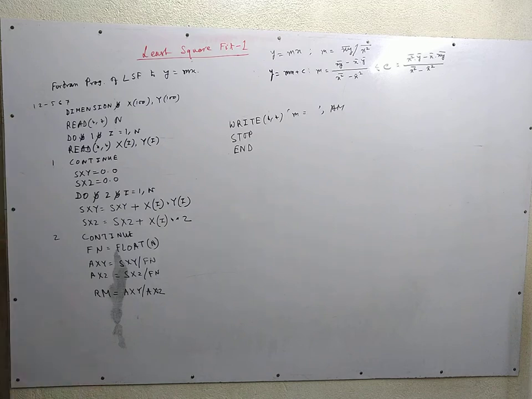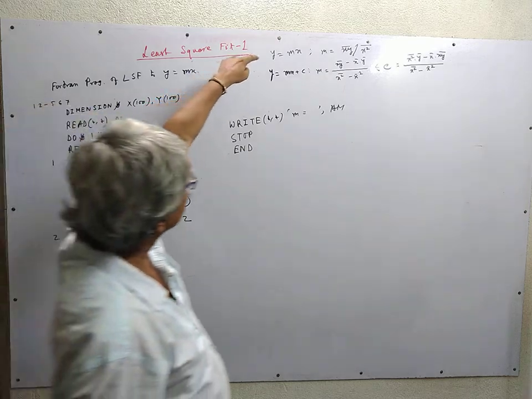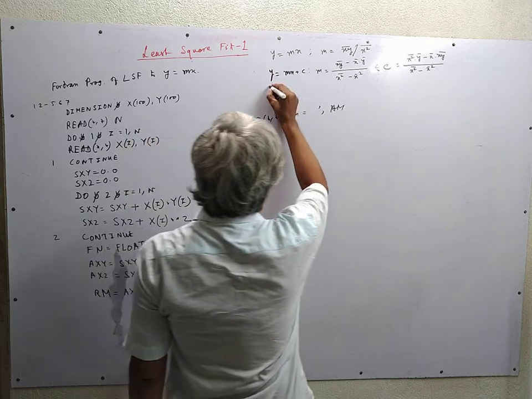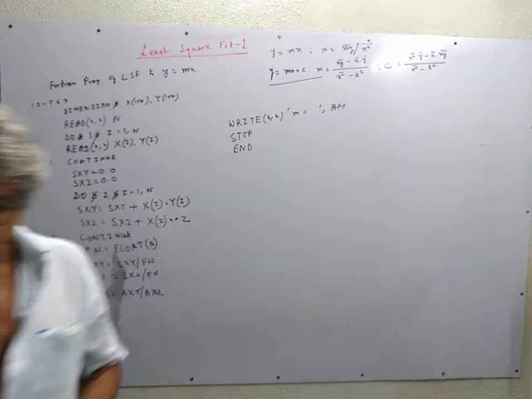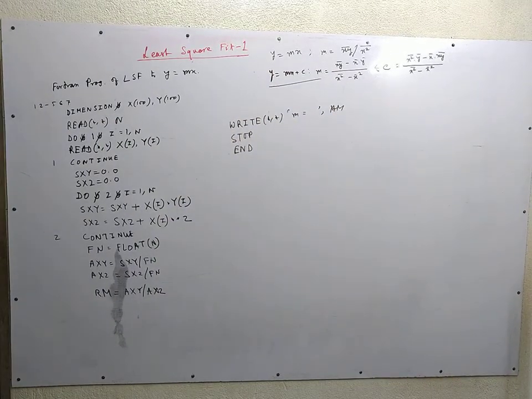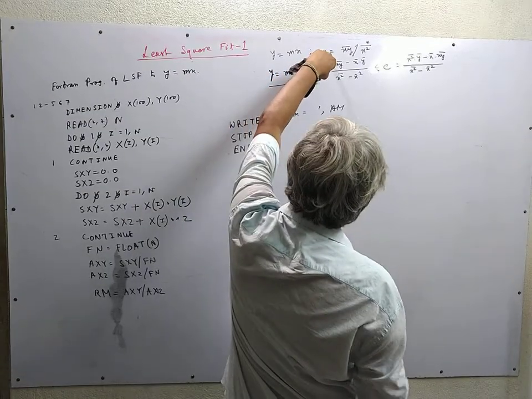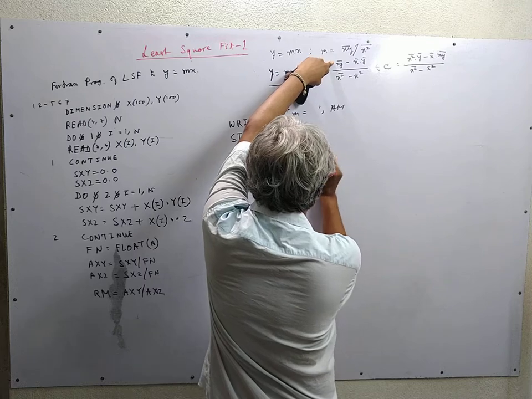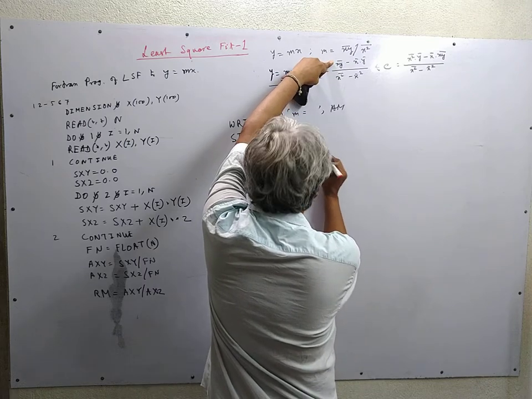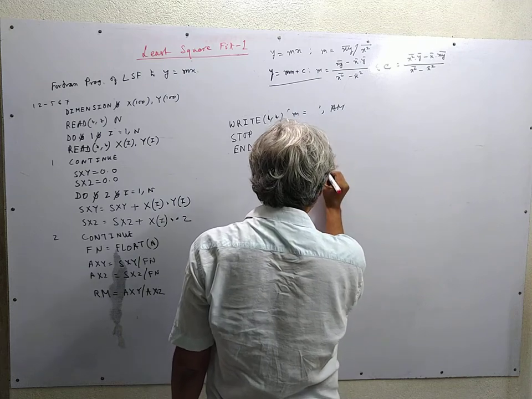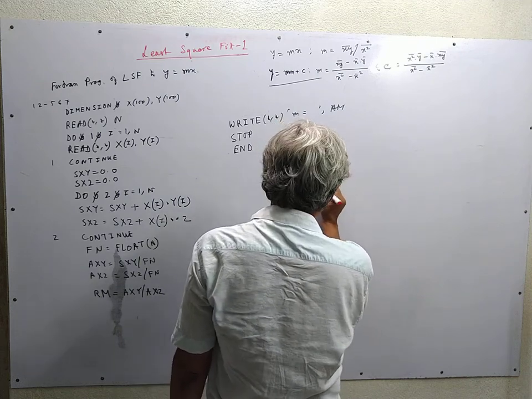This makes the program for the fit to y is equal to mx. If we want to fit the curve to this line, then a slight modification has to be made. I am just indicating: here we need to calculate x average, y average, x square average, xy average.